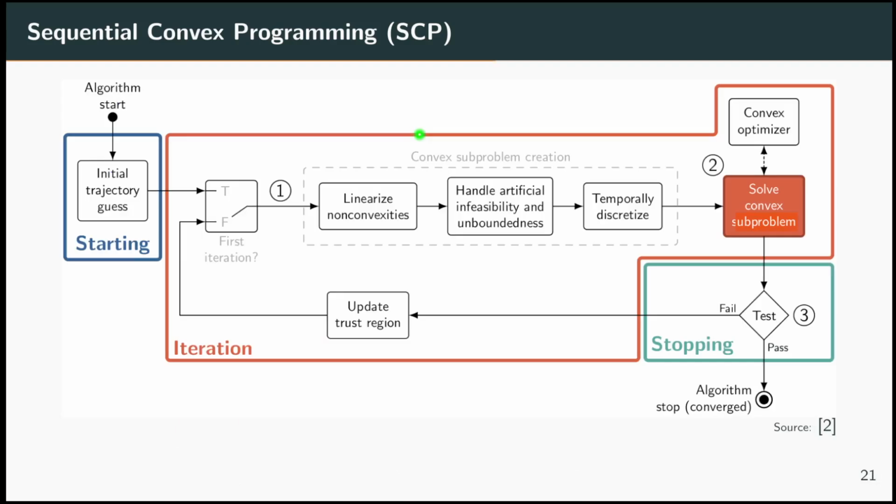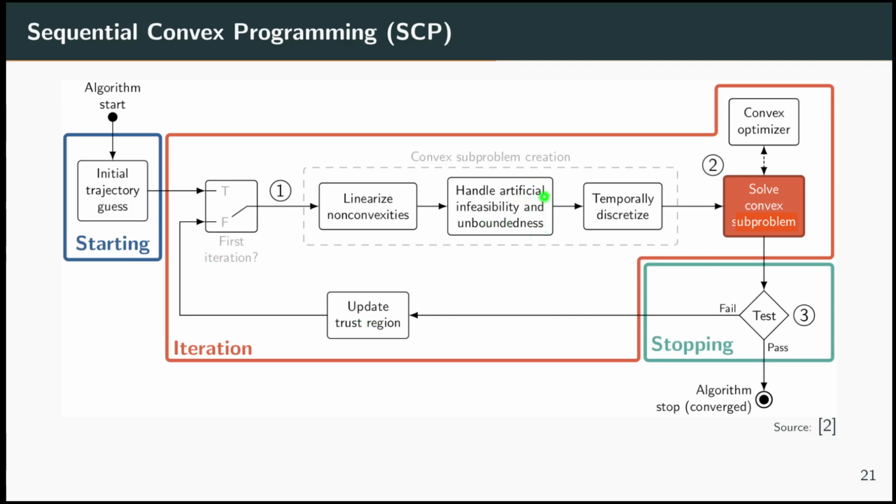And so there are many different variants of sequential convex programming that try to address both of these issues or challenges. One is shown here, so we can see the same thing. We initialize somehow, then we linearize, then we handle these issues, we discretize, solve the convex subproblem, update the trust region, and repeat.